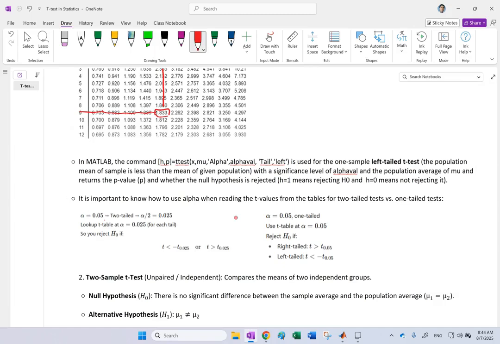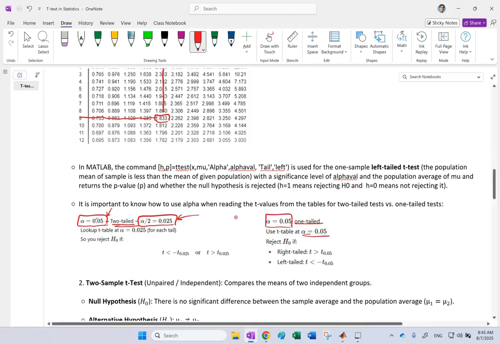If your test is a two-tail test, the alpha that you use is actually half of the alpha that you originally used. So if they give you 5%, you actually use 2.5%, and you go to the table with that number. But if it's a one-tail test, you actually use that alpha itself.